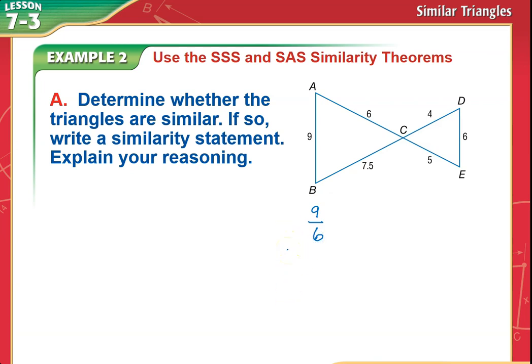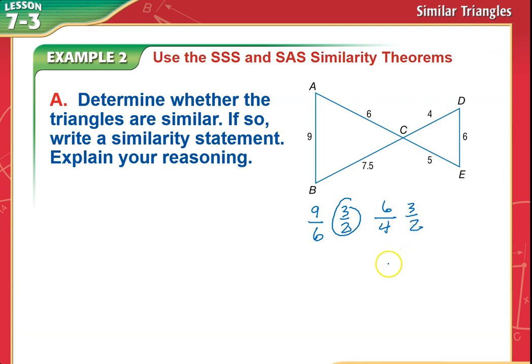Then we reduce that by division of 3, and we get 3 over 2. Now we're going to compare that to the AC side, which is 6, and the CD side, because that's the corresponding side, and that's a 4. That also reduces down to 3 over 2.